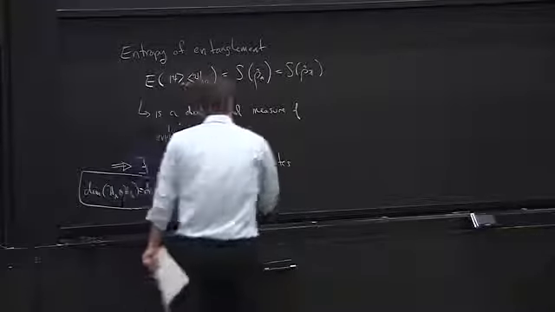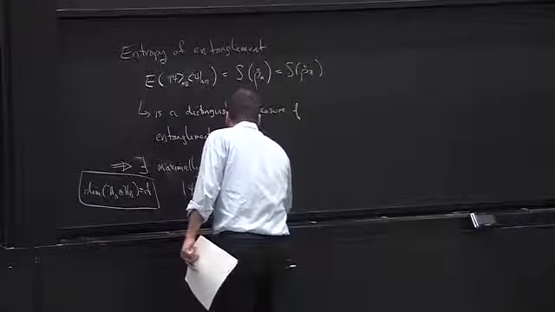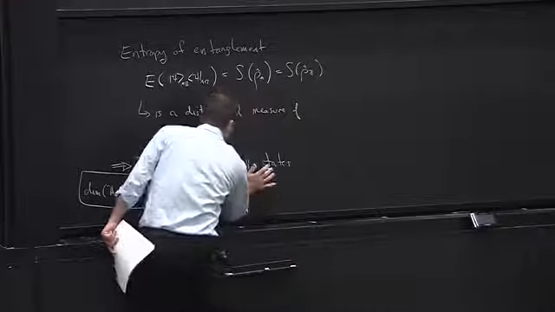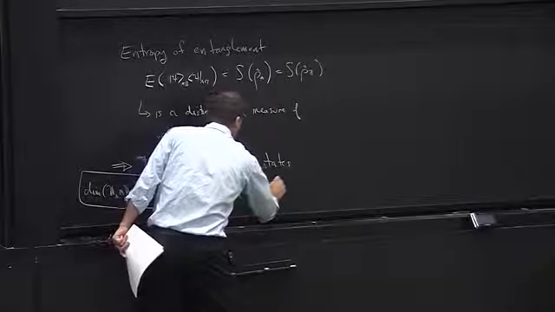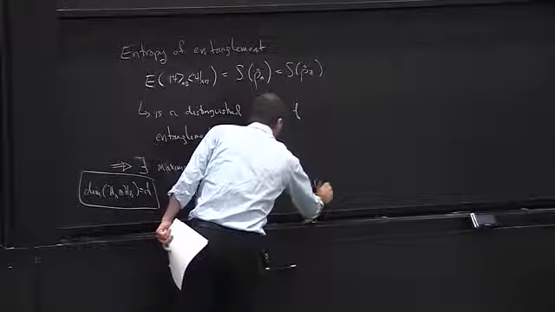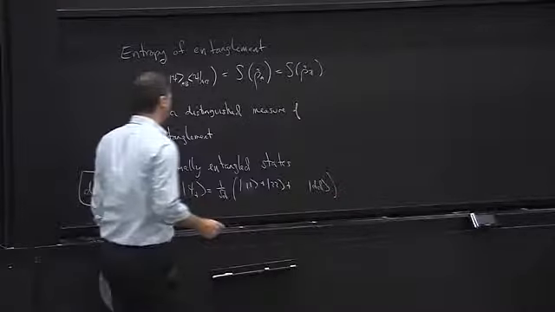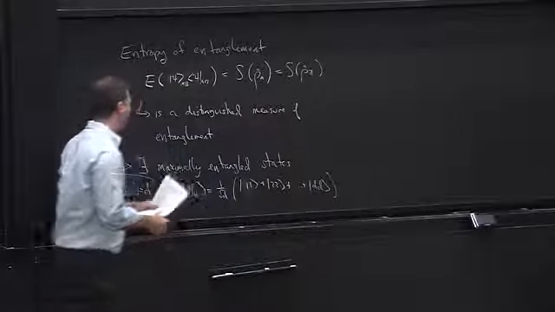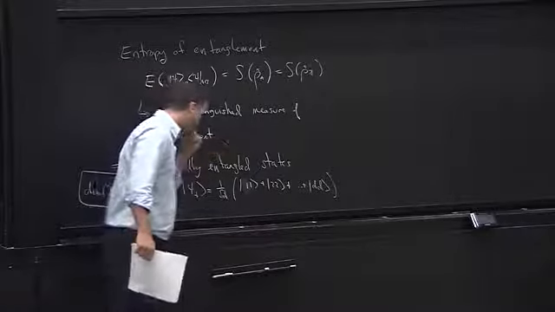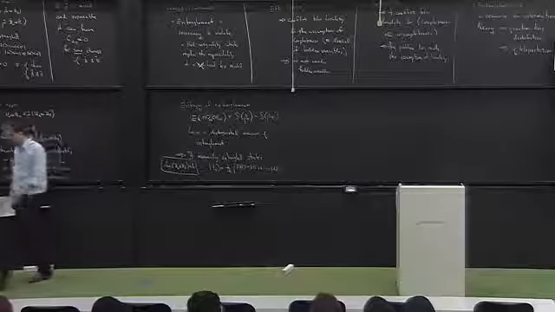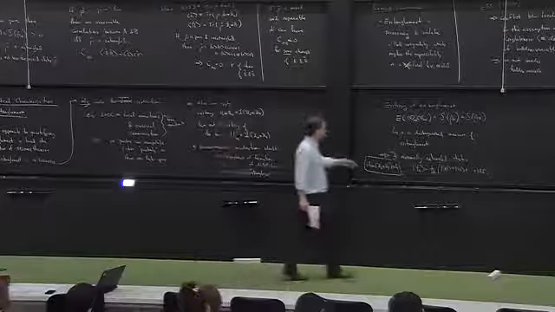Do you like counting from 1 or 0? Okay, so the uniform superposition over some basis picks out the set of maximally entangled states. It's a set, not a particular state. I hope I use the plural here.